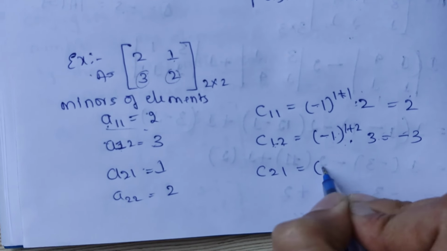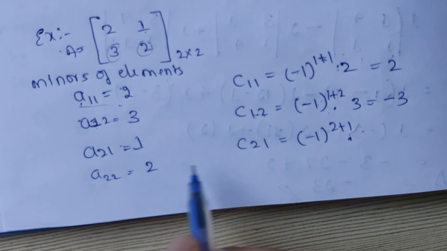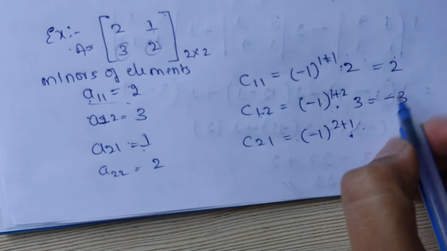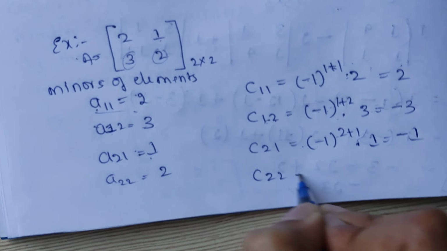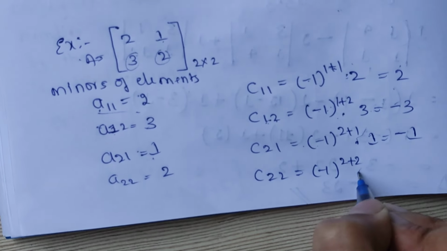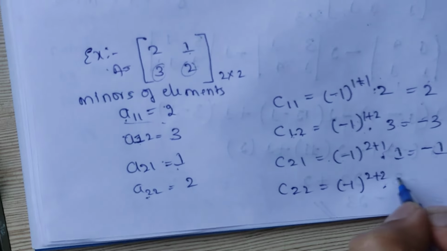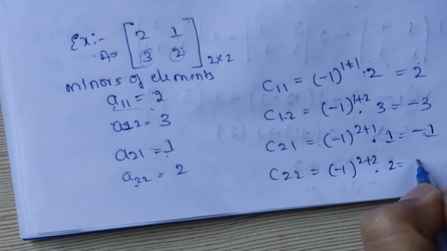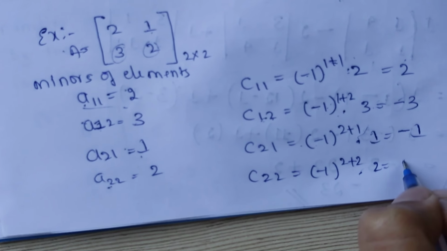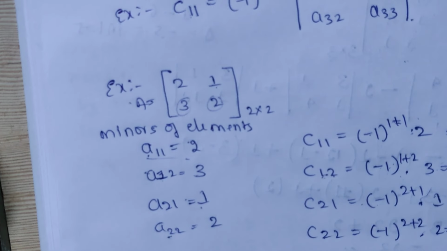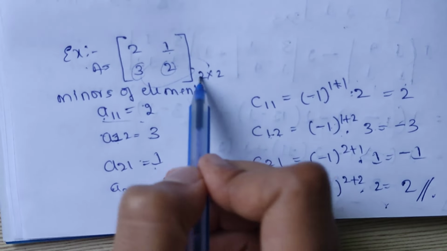A21, minus 1 to the power 2 plus 1 into minor of A21 element is 1, so we get minus 1. A22, minus 1 to the power 2 plus 2 into minor of A22 is 2, so cofactor of element A22 is 2 only. So these are the cofactors, these are the minors of this example matrix.